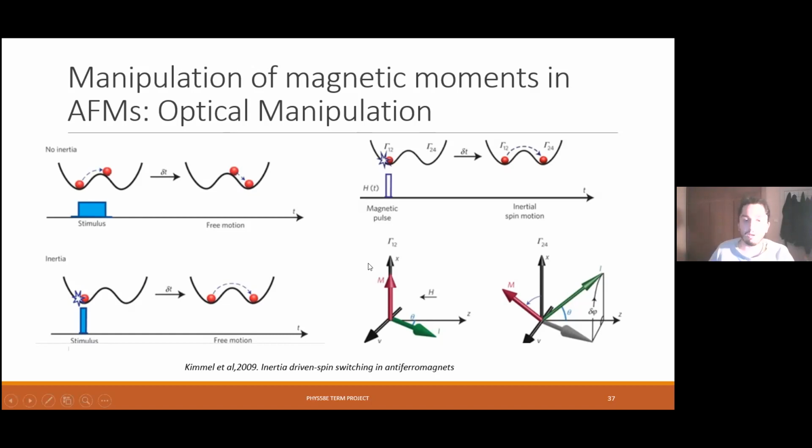There has been a study about this by Kimel et al. And the figure presents the theoretical study given below. You can see here the spin switching technique by applying H by an optical pulse.